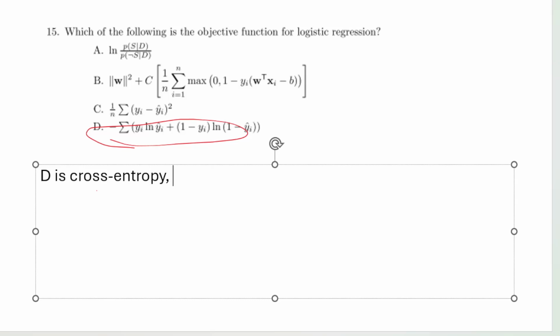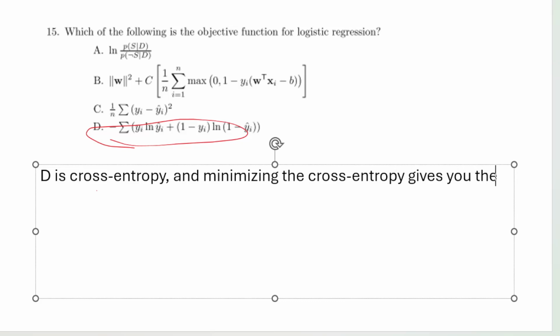And minimizing the cross entropy gives you the best fit probability distribution.